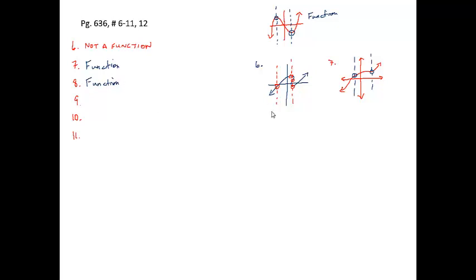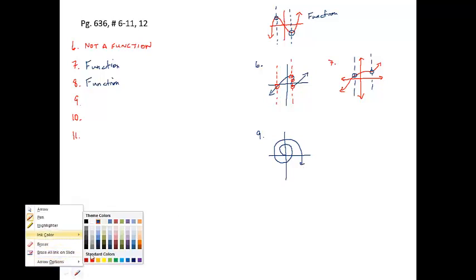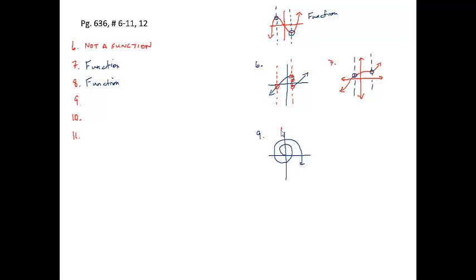Number 9, I will draw out. The spiral. Okay. And again, let's draw that vertical line. Well, let's put it here. How many times do I hit it? 1, 2, 3, 4. Therefore, that is not a function.